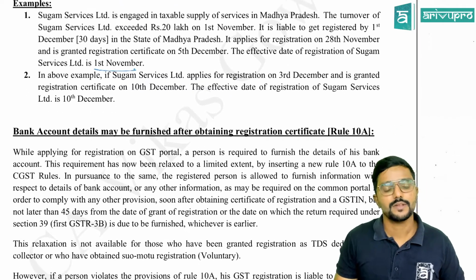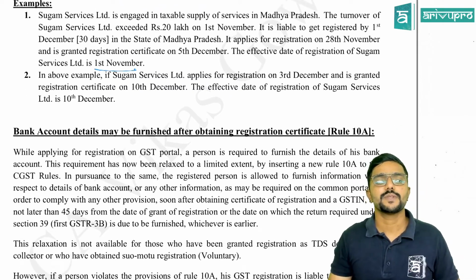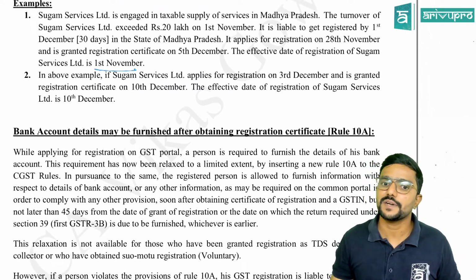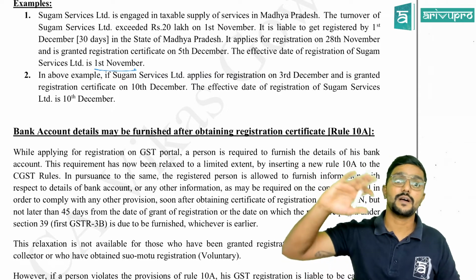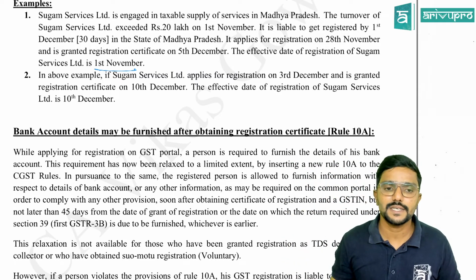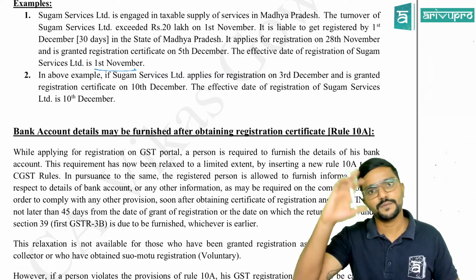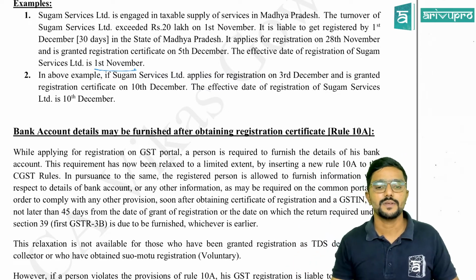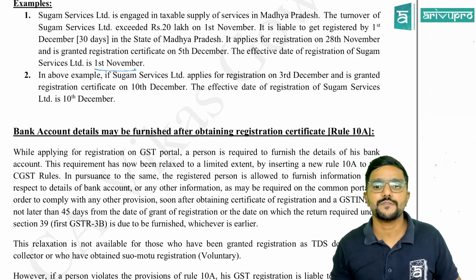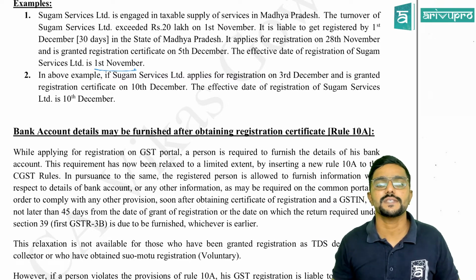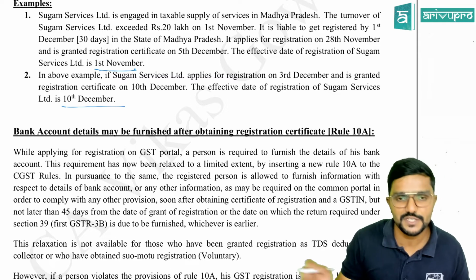Okay. Next. In the above example, if Sugam Services Limited applies for registration on 3rd December, that is after 30 days, and is granted registration certificate on 10th December, the effective date of registration of Sugam Services Limited is 10th December. That is the date of grant of registration.